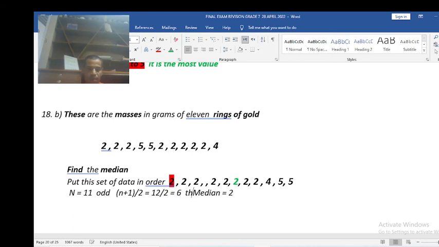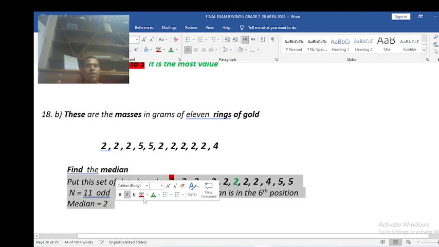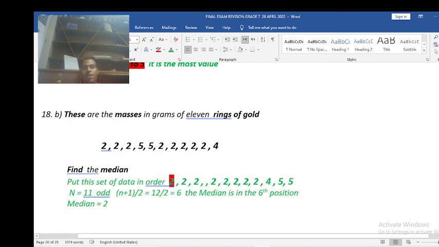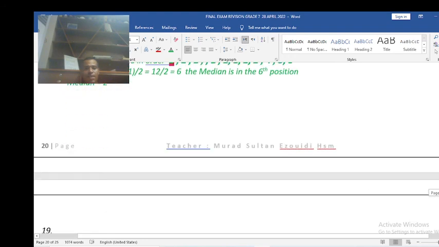So the median is in the sixth position. Therefore the median is equal to 2. This is the explanation. Without the explanation, we might lose half a mark.